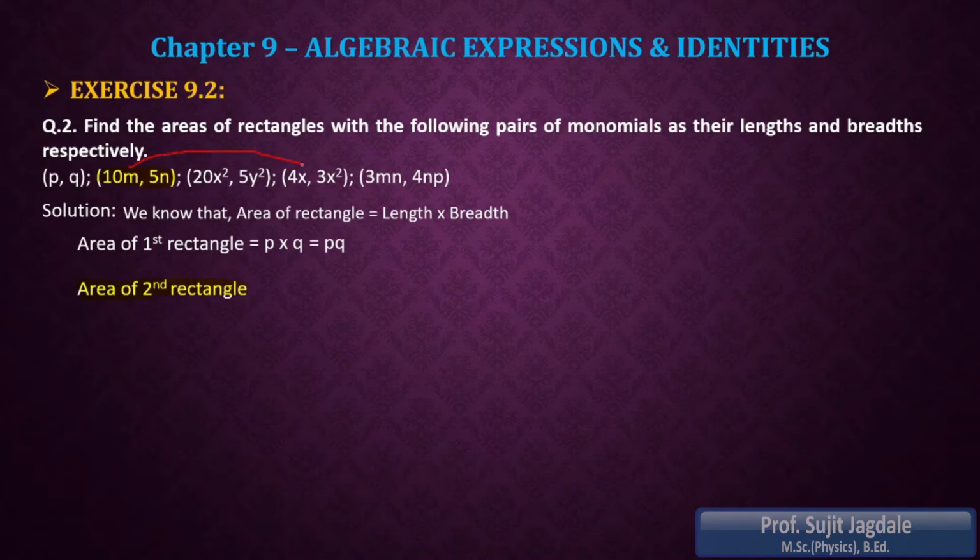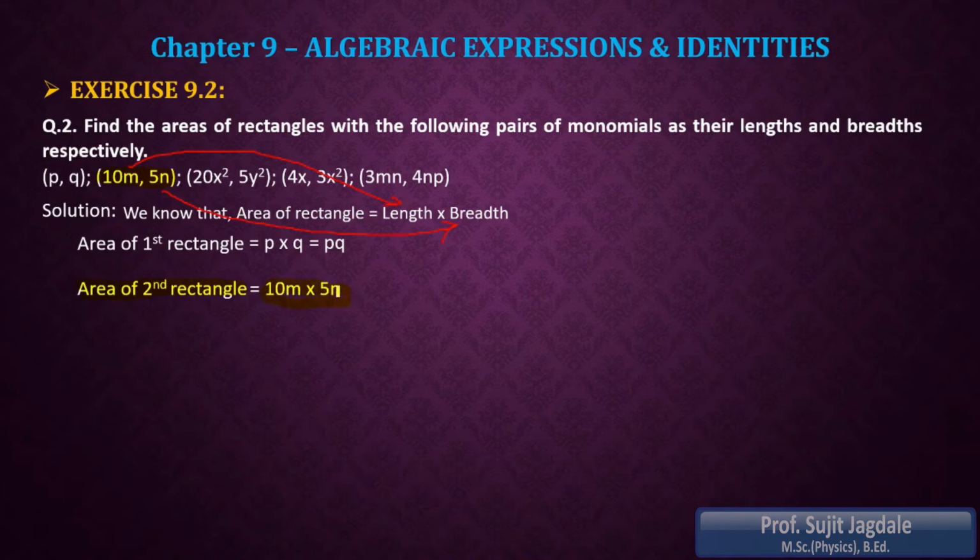I have to put 10m in place of length and 5n in place of breadth. So 10m, 5n are the length and breadth. I got the expression like this now: 10m into 5n.